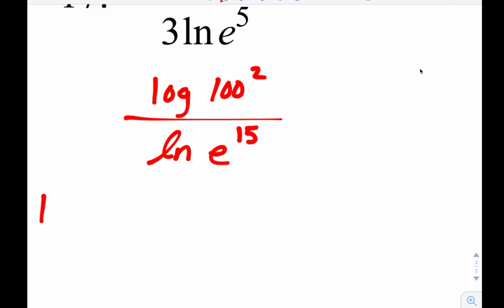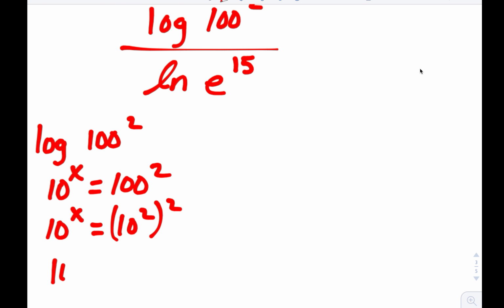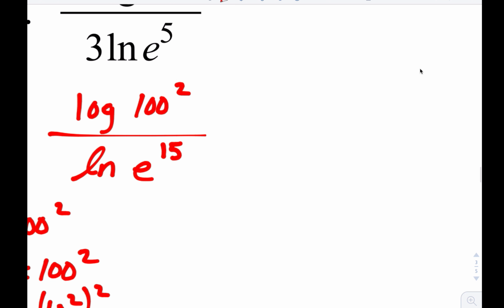So log of 100 squared, that's 10 to some power gives me 100 squared. I know 100 is 10 squared, so that's 10 to some power gives me 10 to the fourth. So the top part must be 4. This is going to come out to be 4.